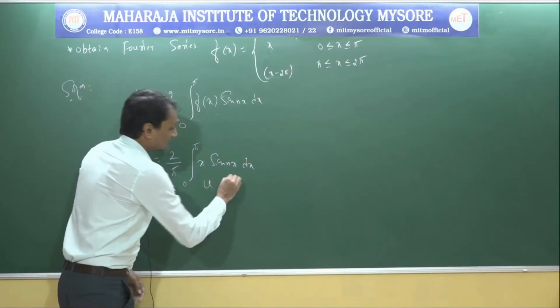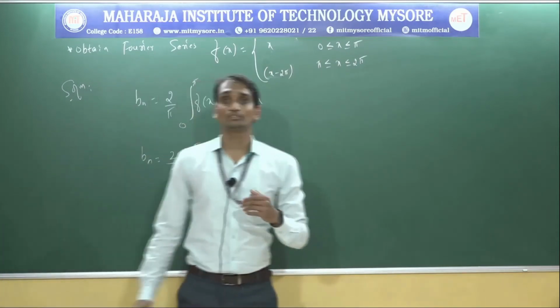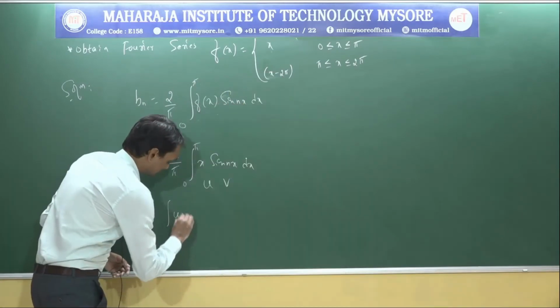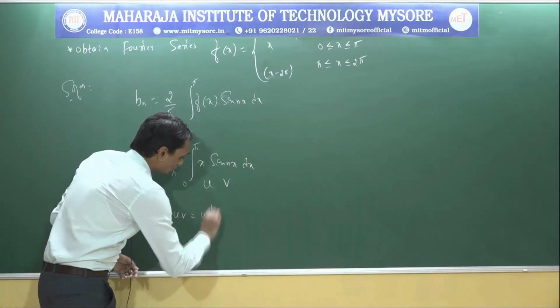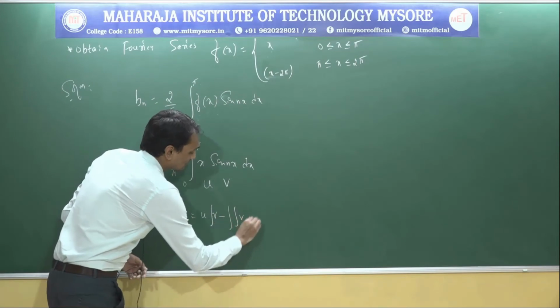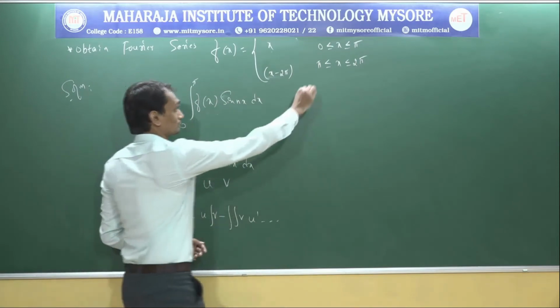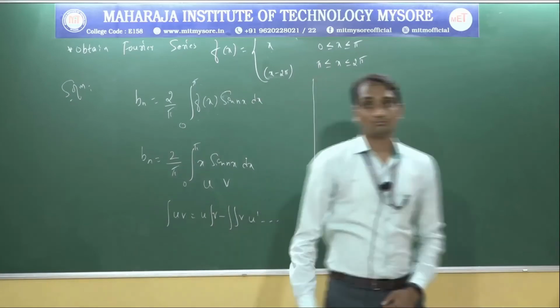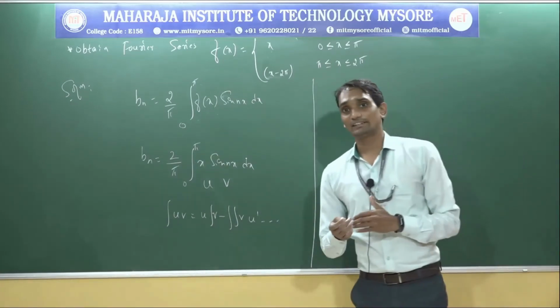Now we need to apply the integration by parts rule, the UV rule: integral of UV equal to u into integral of v, minus double integral of v into u dash. Directly I will go for the integration.